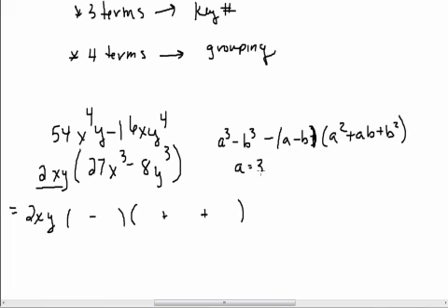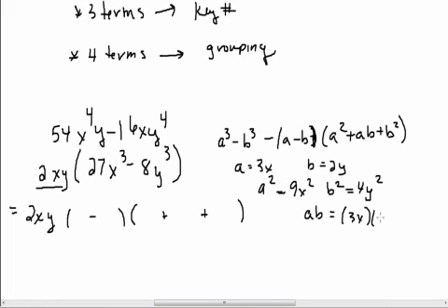A will be 3x, B will be 2y, A squared will be 9x squared, and B squared will be 4y squared, and then AB will be 3x times 2y, which is, let's see, 3 times 2 is 6, xy.